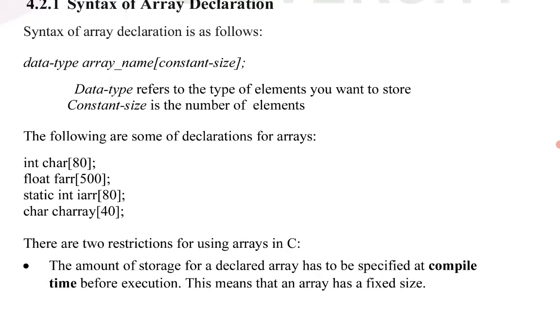Data type, space, array name, within brackets constant size, semicolon. Data type refers to the type of elements you want to store, and constant size is the number of elements.